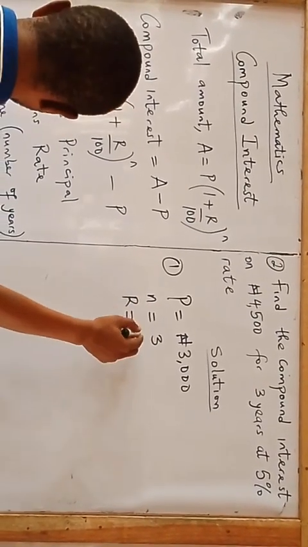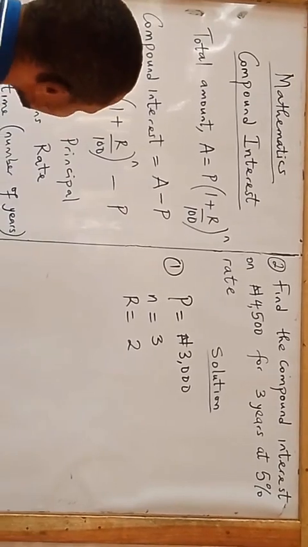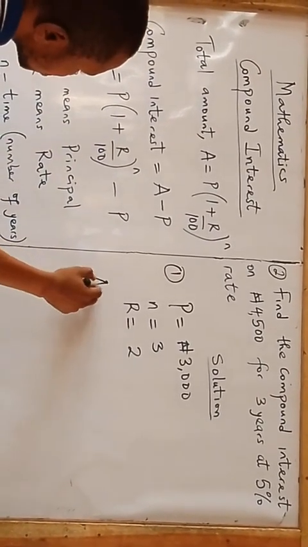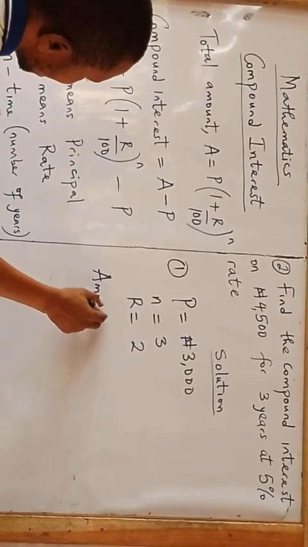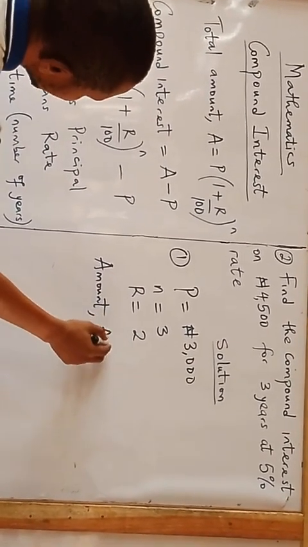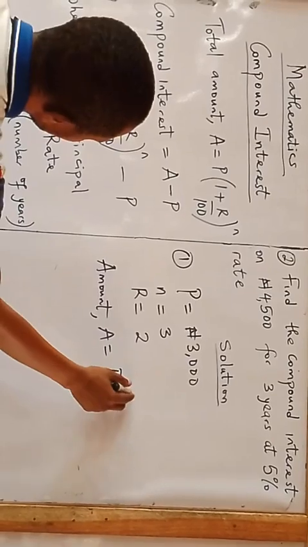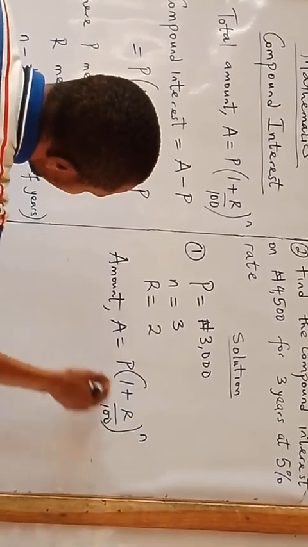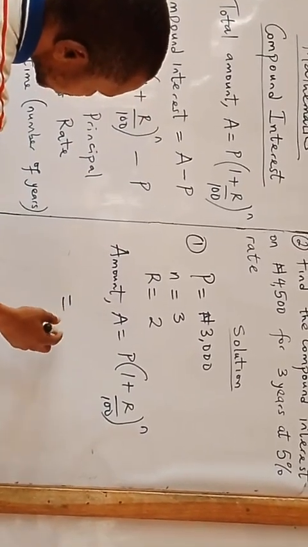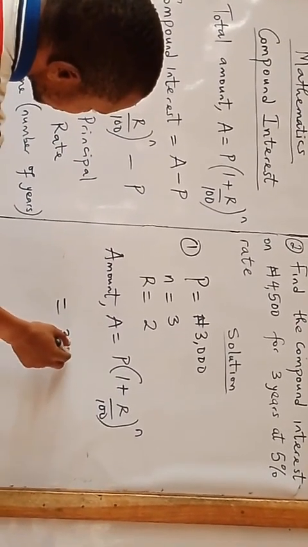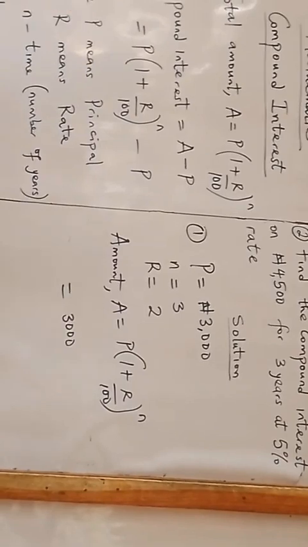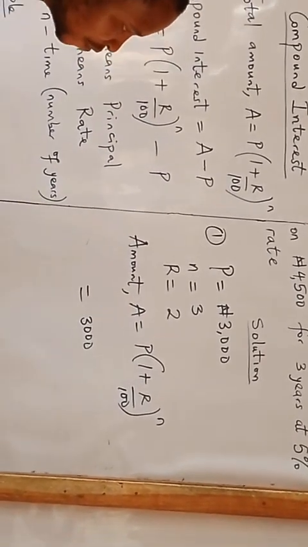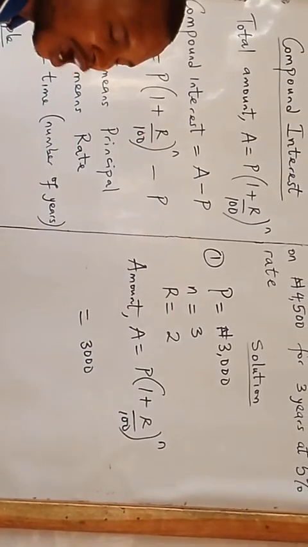While the rate is 2%. So the first thing to calculate is the amount. Is the total amount, which is denoted as A, which is equals to P into bracket 1 plus R over 100 raised to power n. So from this question now, our P is 3,000. All what we need to do is to substitute the value of all these non-variable. I call them non-variable because the values have been given.